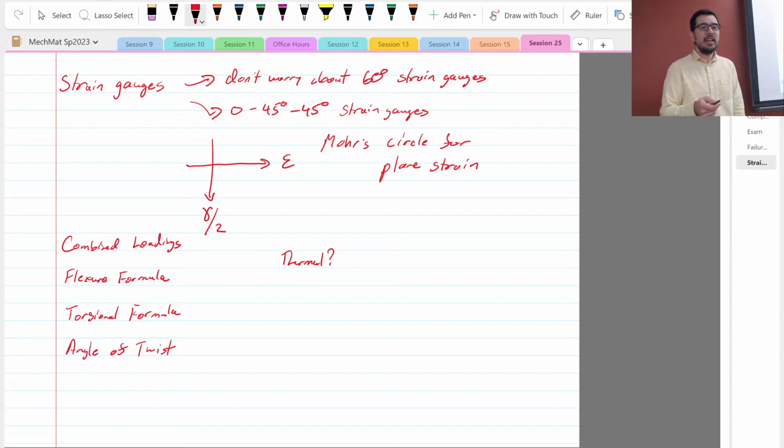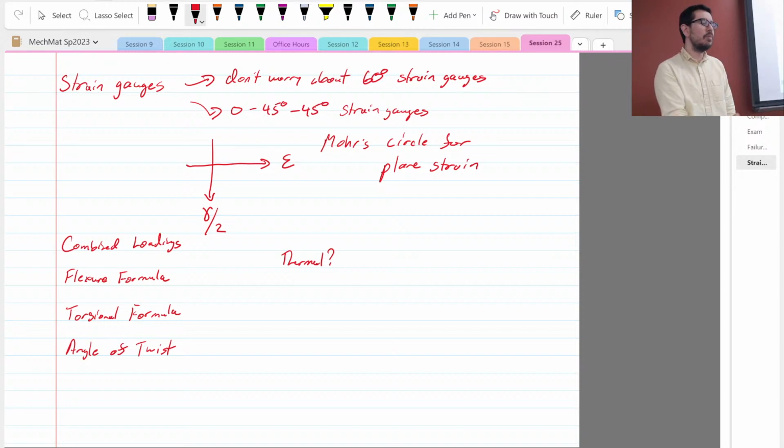I hope the final exam is an experience where you're like, okay, I did learn this. I know something about whether or not something's going to break. I know how to do these stress transformations, and Mohr circle is now kind of intuitive. I have an idea of how to calculate displacements and strains.